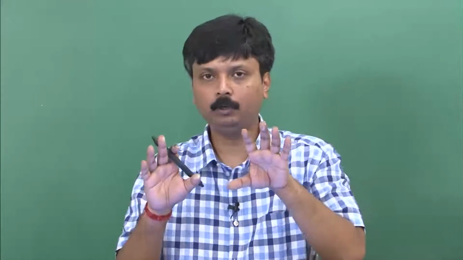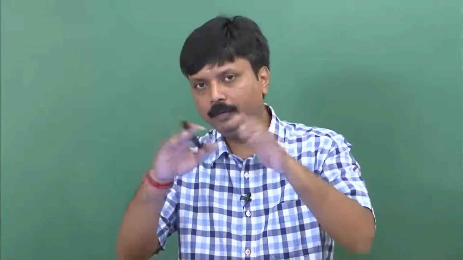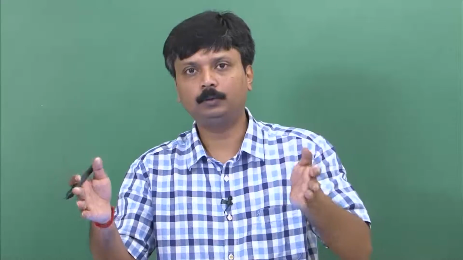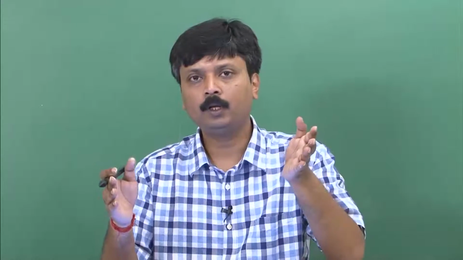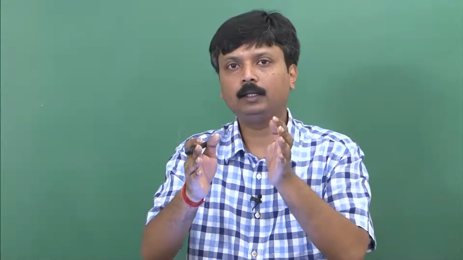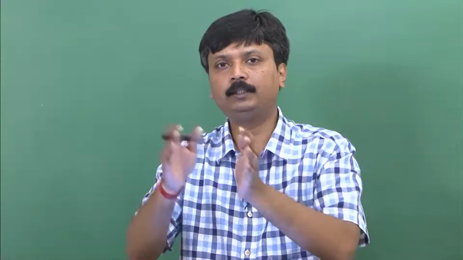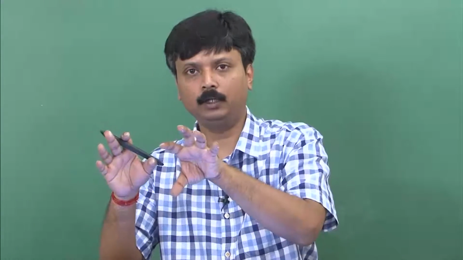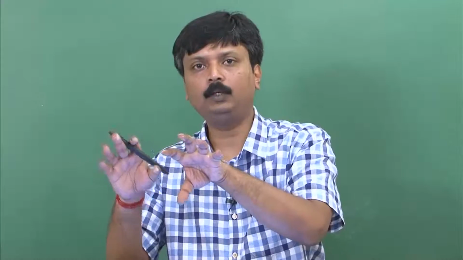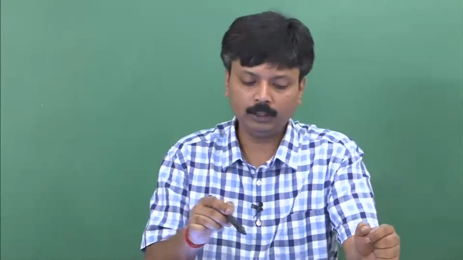My intention is to rearrange the result of this projection operator on this function to express it as coefficients of these three components individually, xz, yz and z square. That's what is shown here.